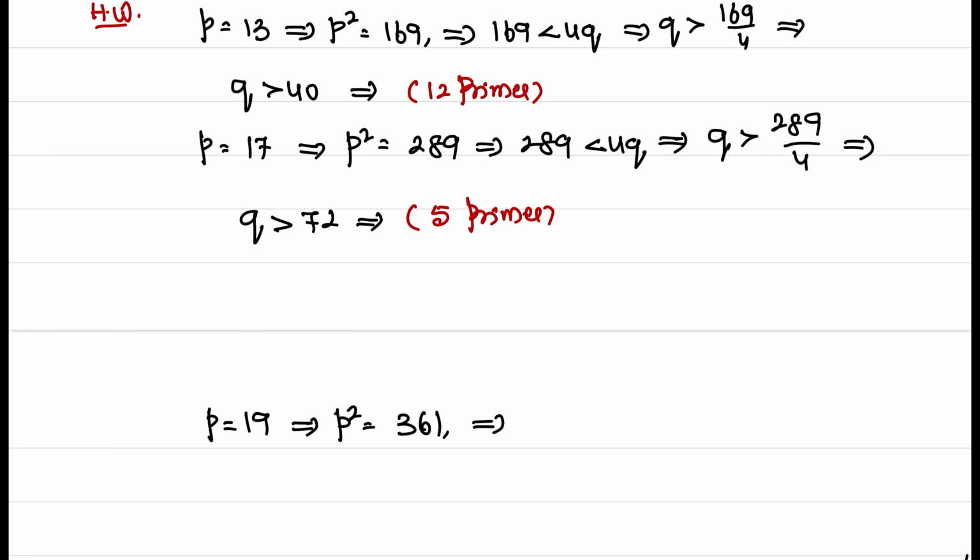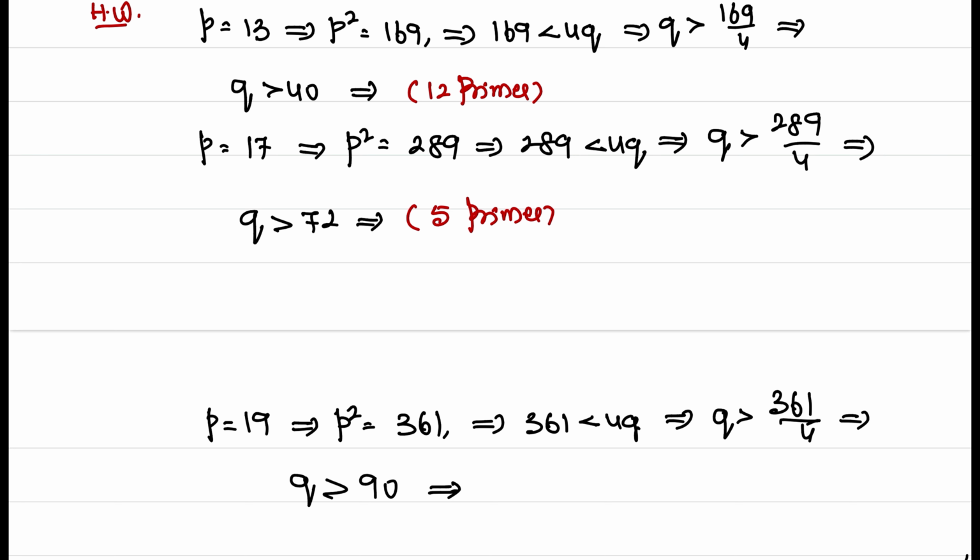That implies 361 is less than 4q, so q is greater than 361 by 4, that is, q is greater than 90, up to 100.